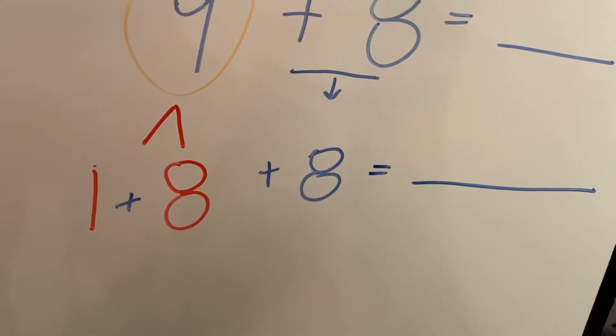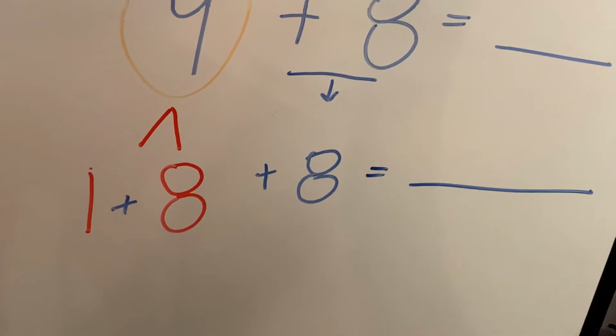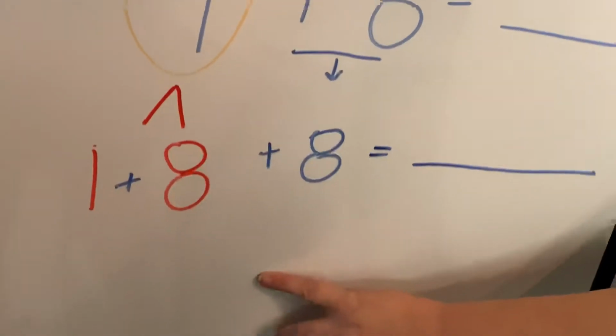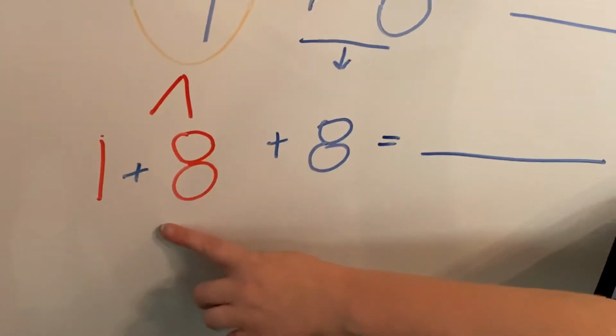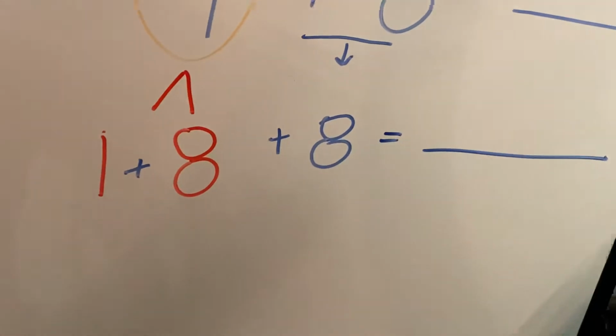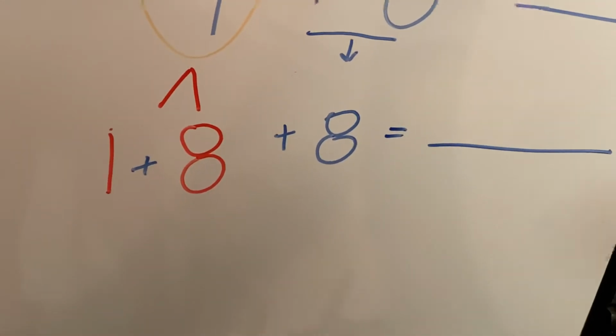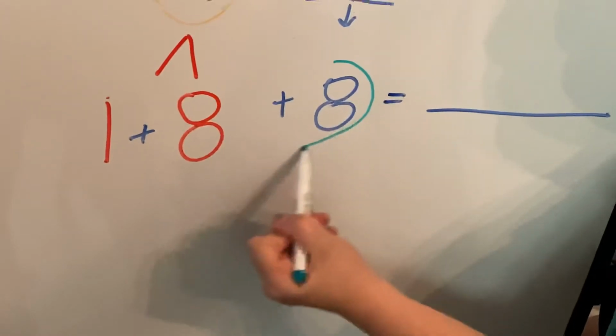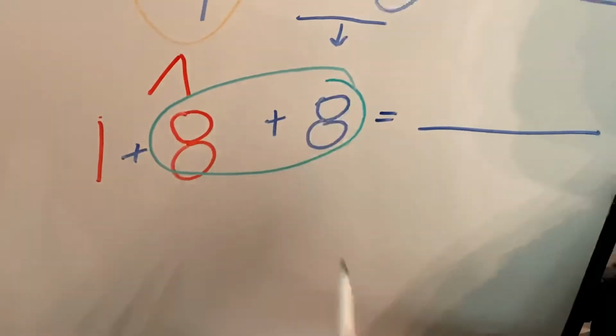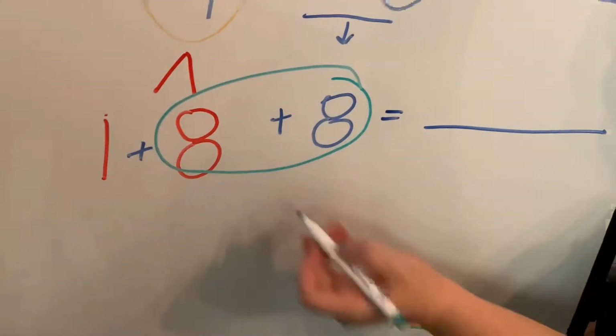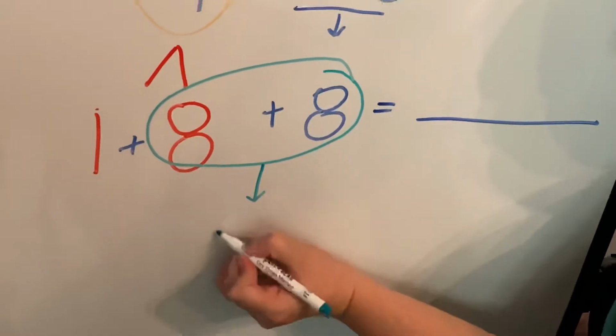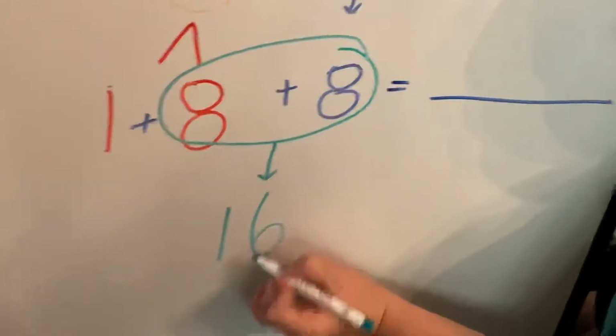Then my job is to put together my double. So what is my double? Is my double the 8 or the 1? Very good. My double is my 8. So 8 plus 8 is going to equal 16.